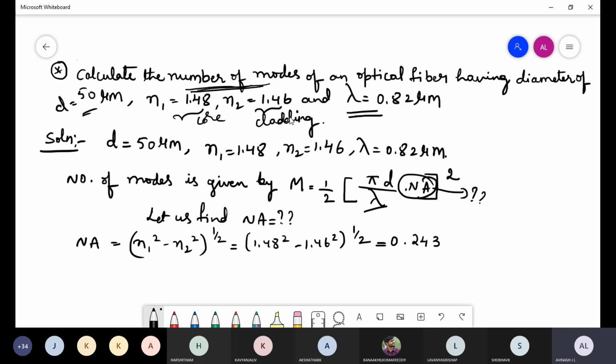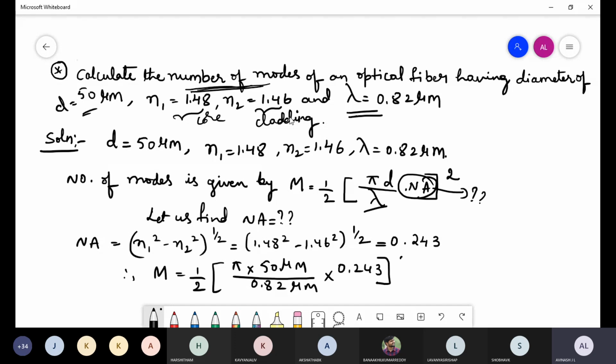After that, the number of modes is already given by the formula. Therefore, M is equal to 1 by 2 into (pi into 50 micrometer divided by lambda 0.82 micrometer into numerical aperture value 0.243) whole square.